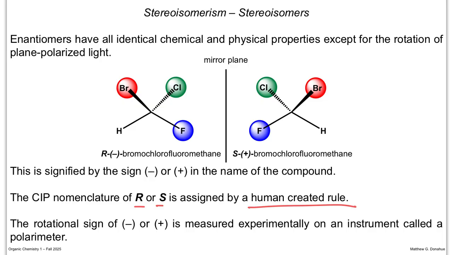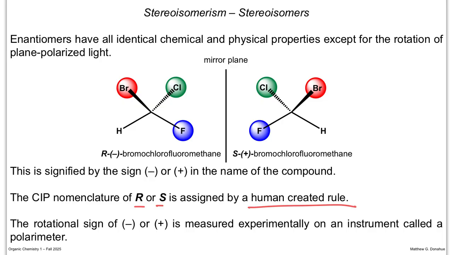So what I can say now, before introducing the optical rotation stuff, for this compound, the R enantiomer does have the negative rotation. The S enantiomer therefore has to be positive, whatever that value is, they're the same magnitude.